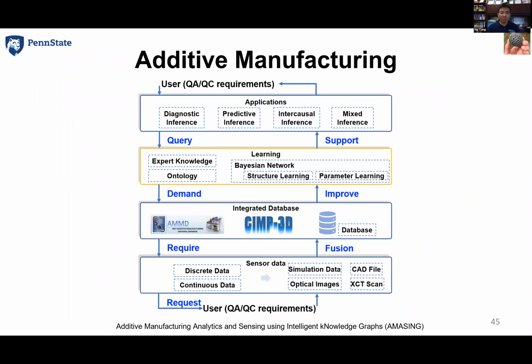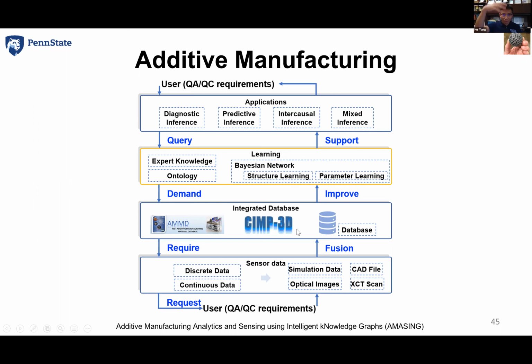This is part of the project called Amazing. Amazing stands for Additive Manufacturing Analytics and Sensing using Intelligent Knowledge Graph. It's an amazing project. I had a lot of fun working with my colleagues, students, and also my collaborators.